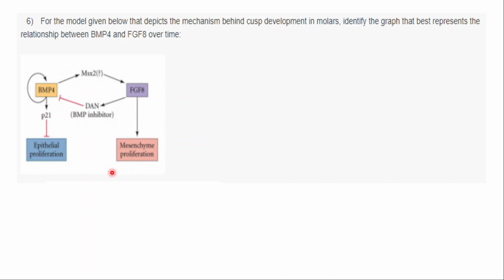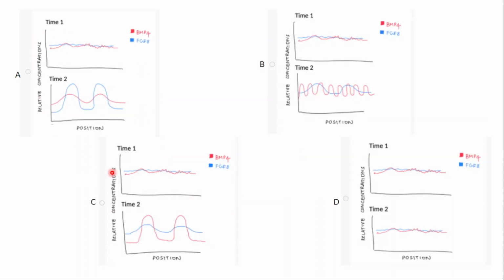Cusp development is the depressions in the teeth of the molar, and then we have those mountains and cusps. Our molars are made for grinding, so they'll have some depressions and some elevated surfaces. In those, what is the role of BMP and FGF8 and how can we represent them? So these are the options. Red line is for the BMP4 and blue line is for the FGF8.